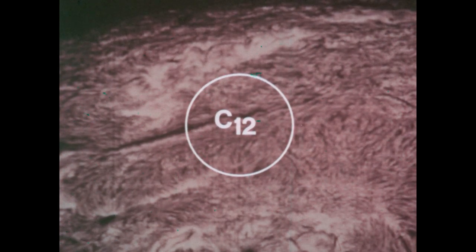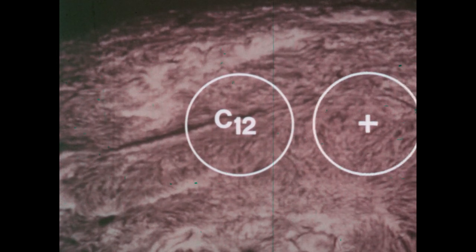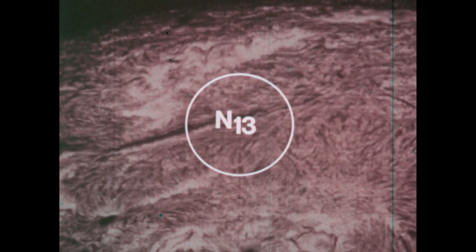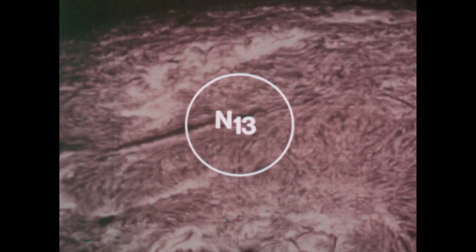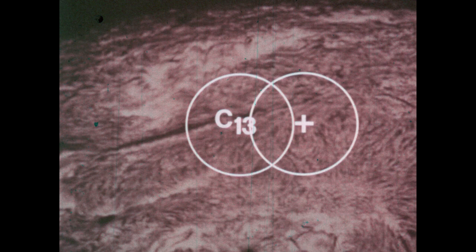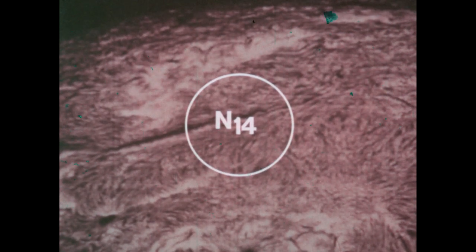A carbon-12 nucleus absorbs a proton and changes to a nucleus of nitrogen-13. Gamma rays are given off. The nitrogen-13 is unstable and changes to carbon-13. Collision with another proton changes it to nitrogen-14 and releases gamma rays.